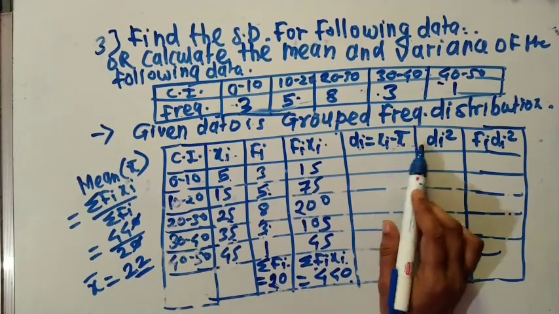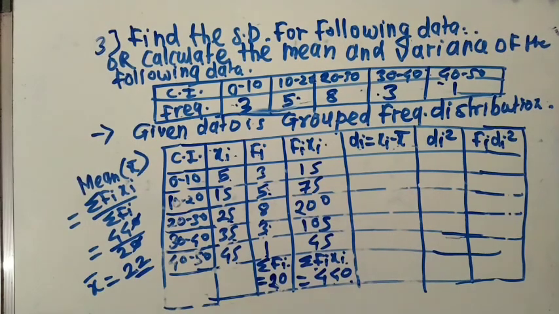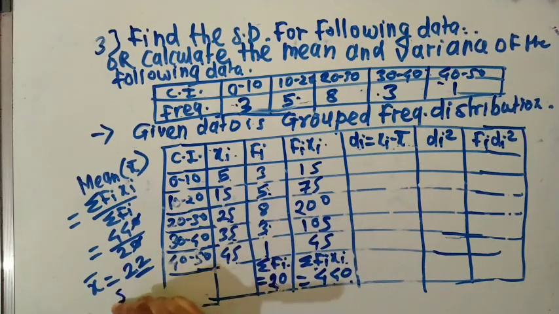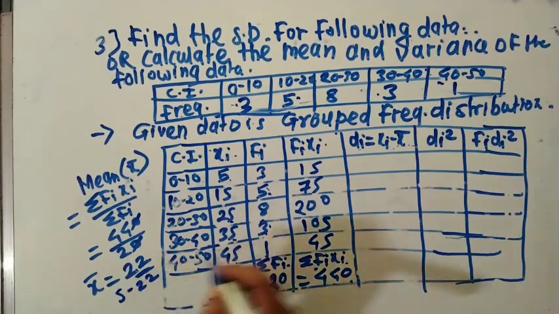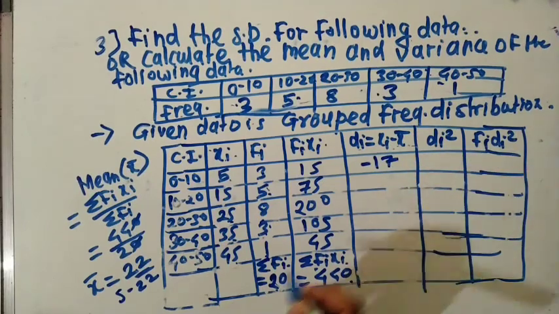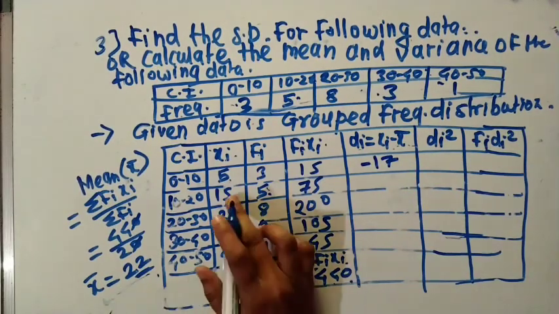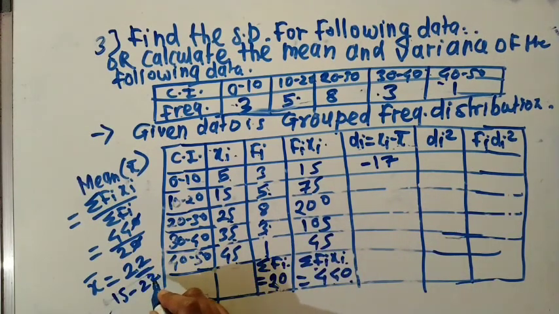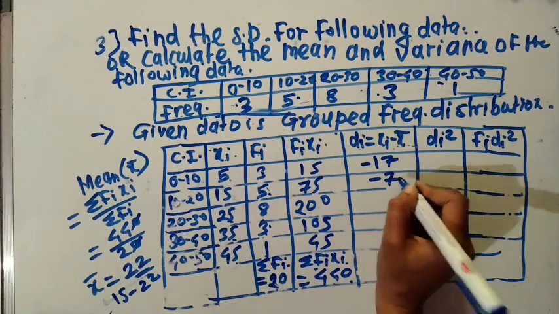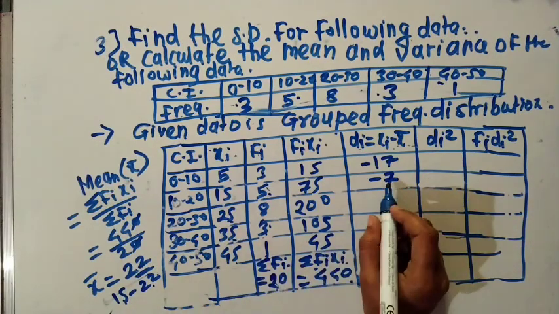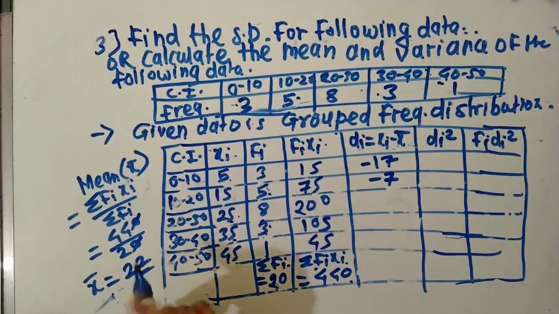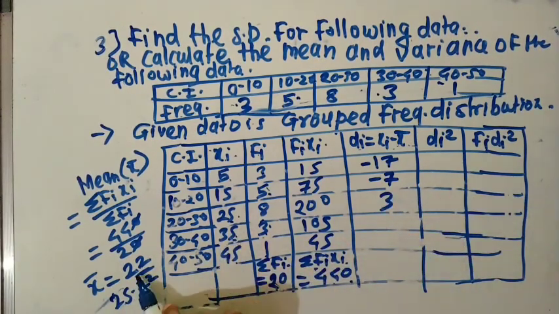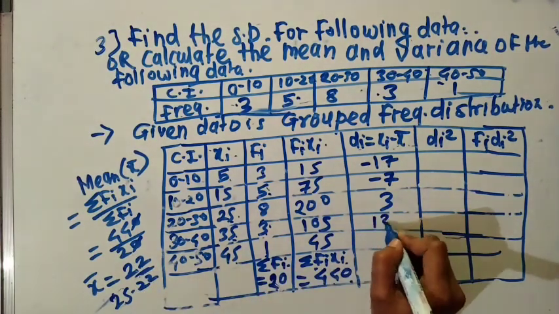Then xi minus x bar: 5 minus 22 is minus 17. Then 15 minus 22 is minus 7, subtracting 15 from 22. Then 25 minus 22 is 3. Then 35 minus 22 is 13.